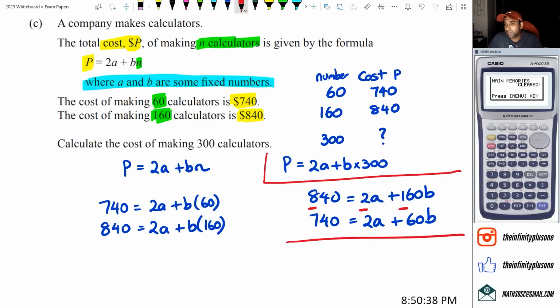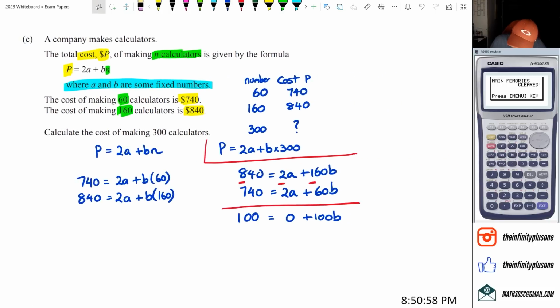If I subtract, it becomes 0. So 840 take away 740 equals 100. Then 2A take away 2A equals 0. And then 160 take away 60 gives me 100B. So 100B is equal to 100, which means B is equal to just 1.